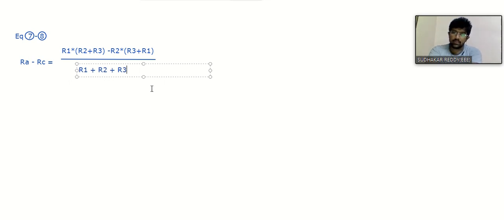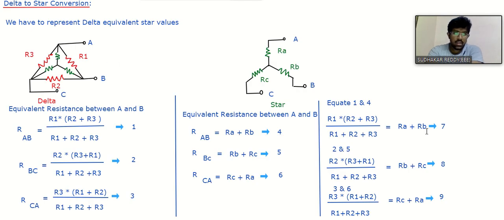It is very, very important. Simply subtracting the equations, you get the expression RA minus RC equals R1 into R2 plus R3 minus R2 into R3 plus R1, divided by R1 plus R2 plus R3. Consider that equation as number 10.